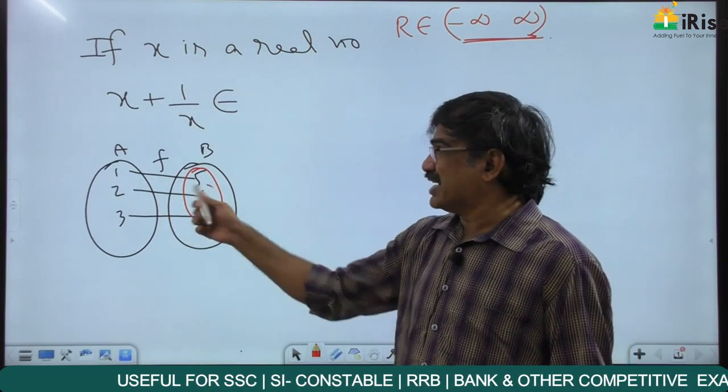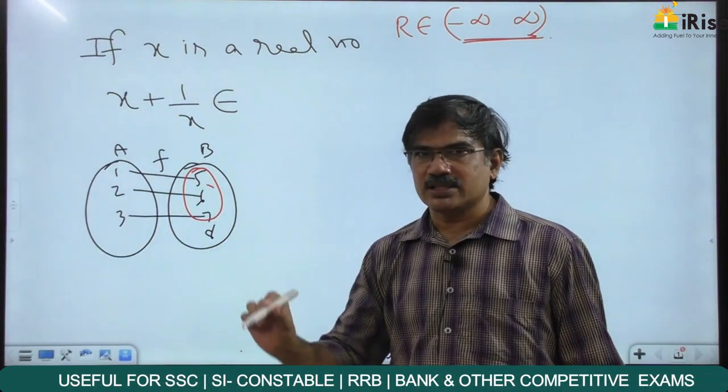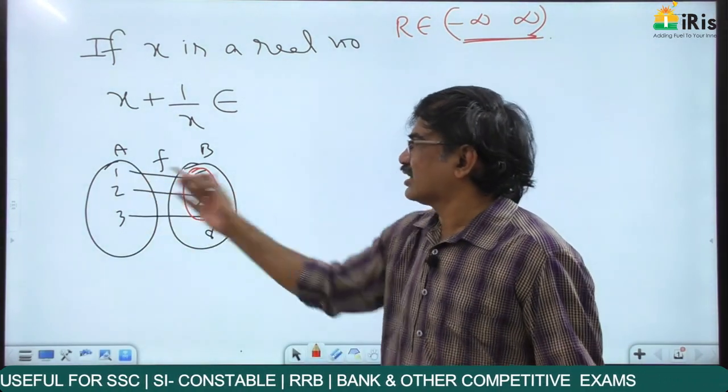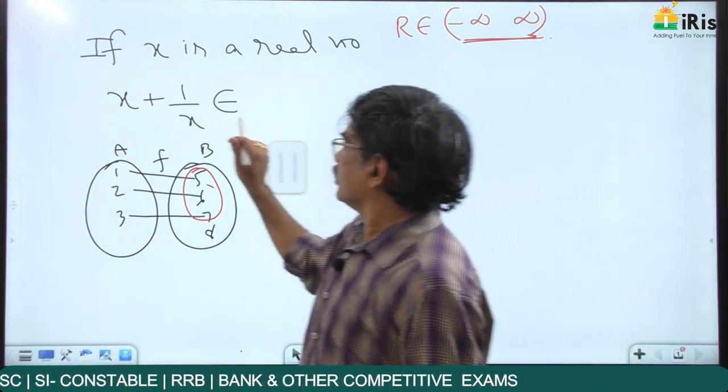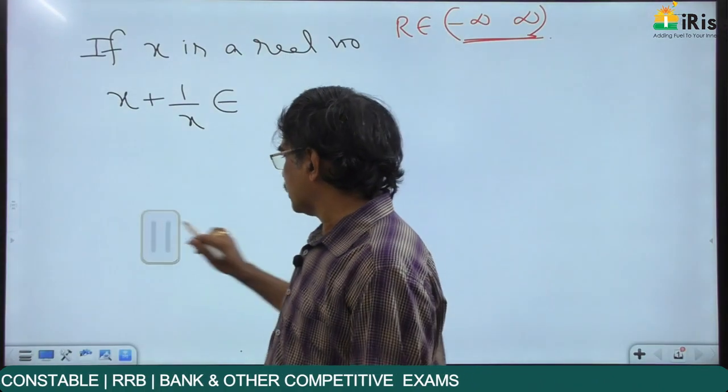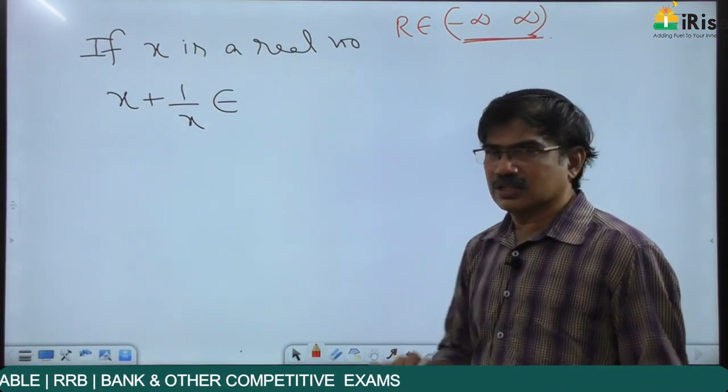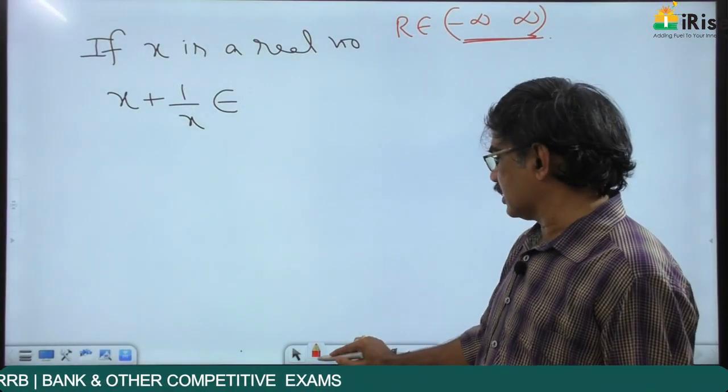The set of images of the elements of the domain is called the range, nothing but the set of answers. Actually this concept is not necessary, I just want to give examples to get the answer. See carefully please.